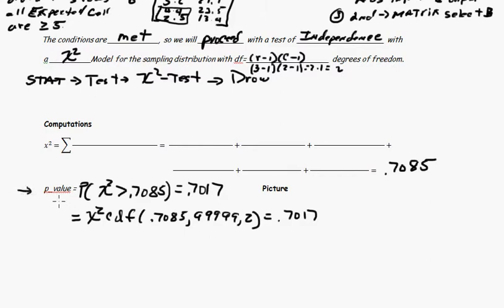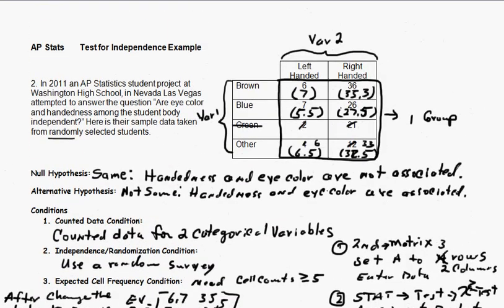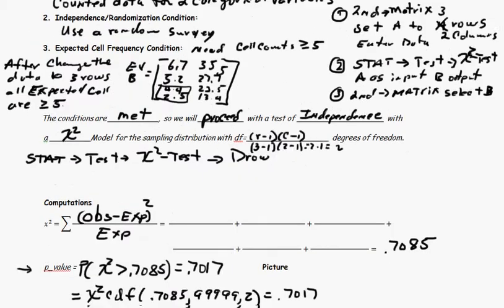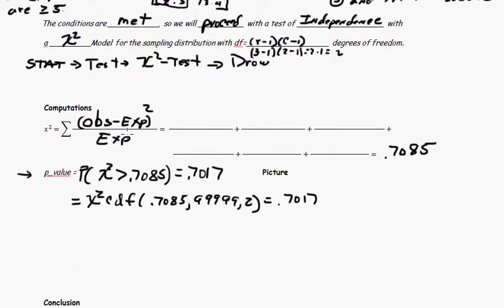This part is fine. One thing you do need to do, though, is observed minus expected squared divided by expected. Now, if you label your observed values and expected values like that, you probably are okay with this arrangement, just saying this equals the value over here.